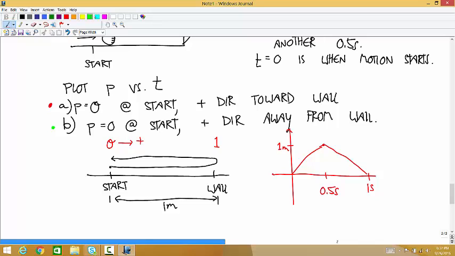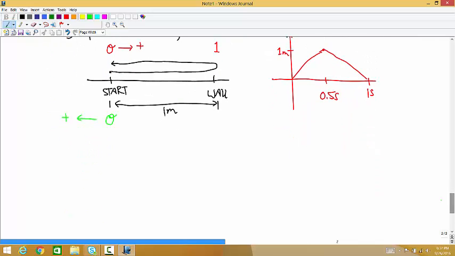And then for part B, position equals 0 is at the start again, so there's the 0. But this time the positive direction is away from the wall, which means the wall is in the negative direction. So if the wall is 1 meter in the negative direction from the 0, the label for the wall is -1.